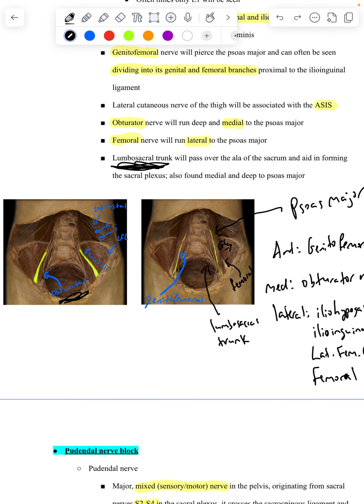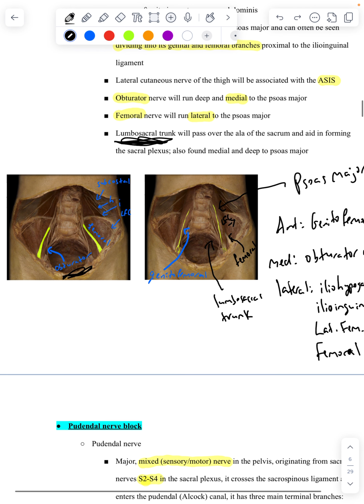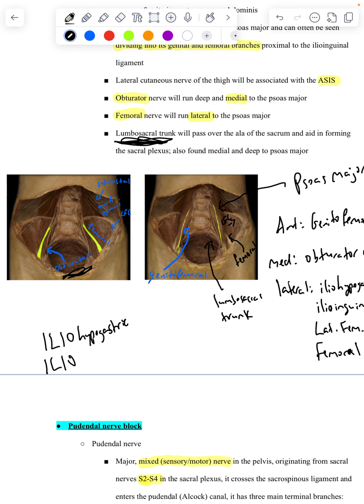And the way I remember it is, iliohypogastric and ilioinguinal, ILI or IML1. These are both L1, and it branches off into giving you these two.